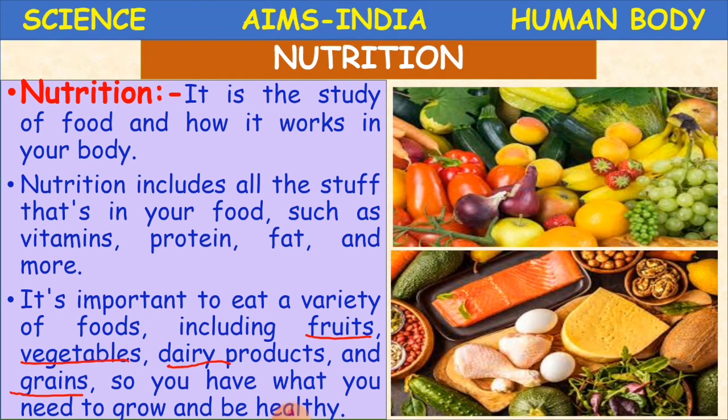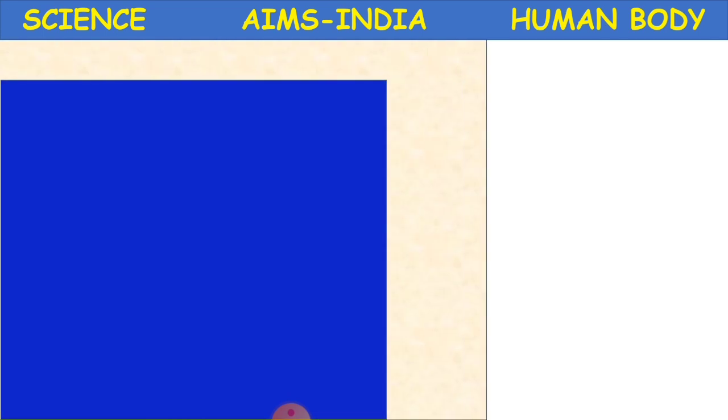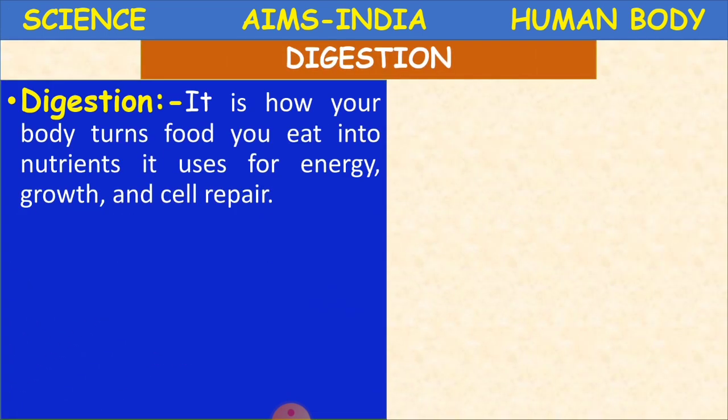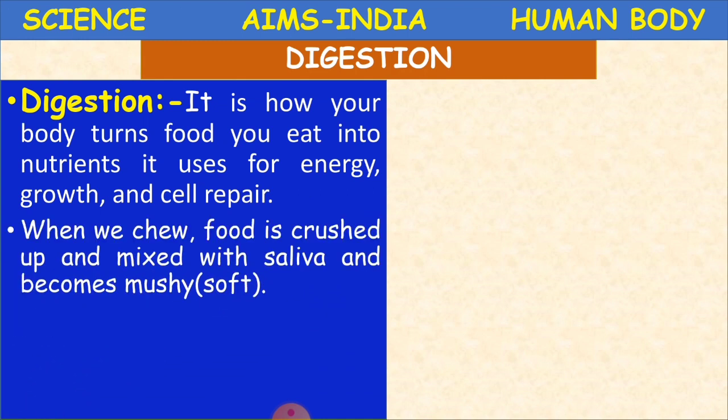Okay, children? Clear? Now it is about digestion. We took food, we had our food, and how is it going to get digested? So we learn something about digestion now. It is how your body turns food you eat into nutrients it uses for energy, growth, and cell repair.